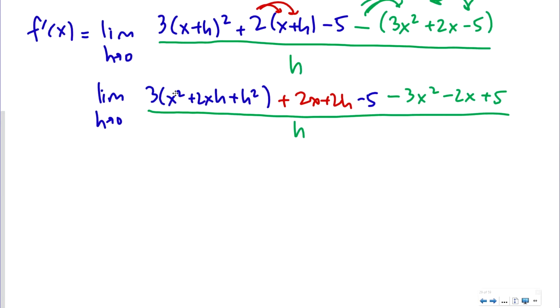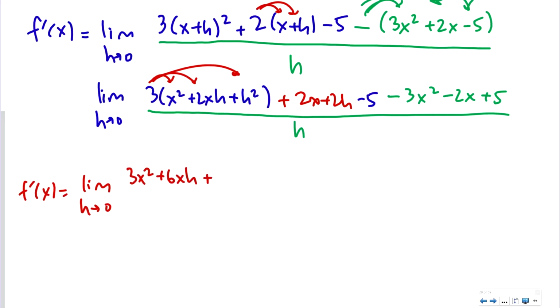This 3 distributes, so this again is the derivative of f equal to the limit as h goes to 0 of 3x squared plus 6xh plus 3h squared, and then plus 2x plus 2h minus 5, and then minus 3x squared minus 2x plus 5. And something should cancel out.